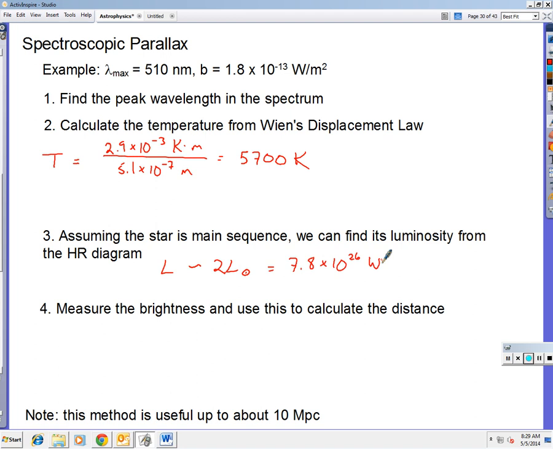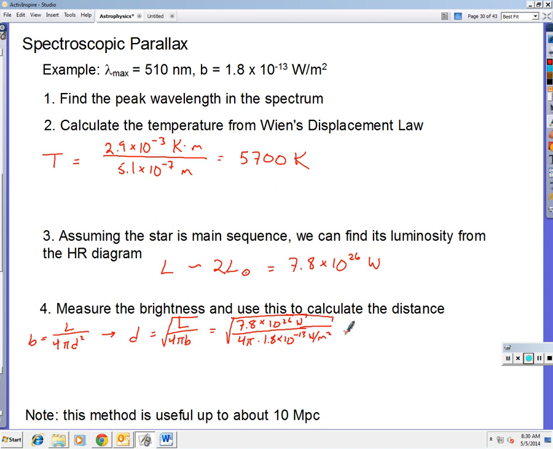Now that you know the luminosity, you can measure the brightness and use it to calculate the distance. Remember, brightness equals luminosity over 4 pi d squared, which means that d is equal to the square root of L over 4 pi b, where b in this case is 1.8 times 10 to the minus 13 watts per square meter.